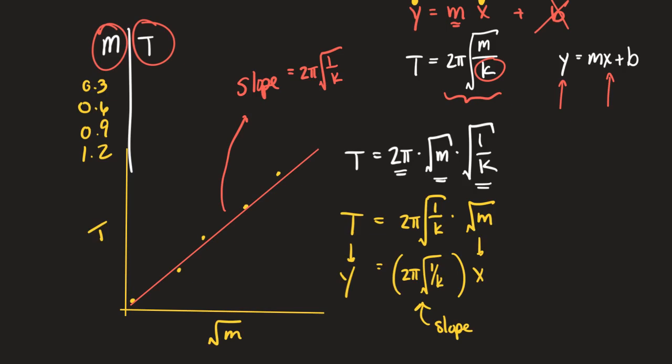So to me, this seems more complicated, but this works for every case, especially cases where you have an inverse relationship. You can't do the other method if you have an inverse relationship. But in this particular case, because period equals 2 pi times the square root of m over k, we could solve this for k and see if it puts the things that are measurable on opposite sides of the fraction.